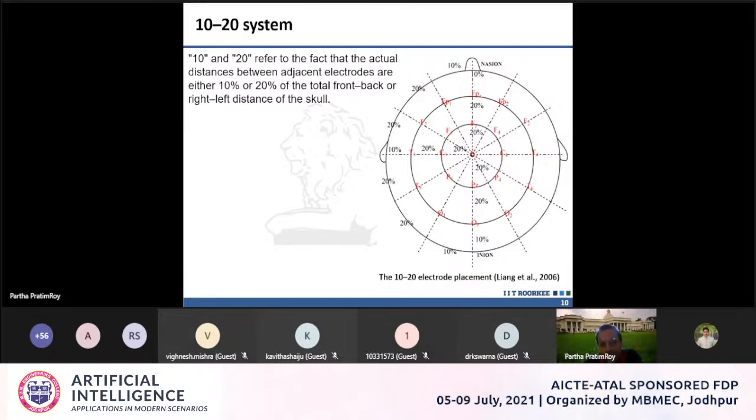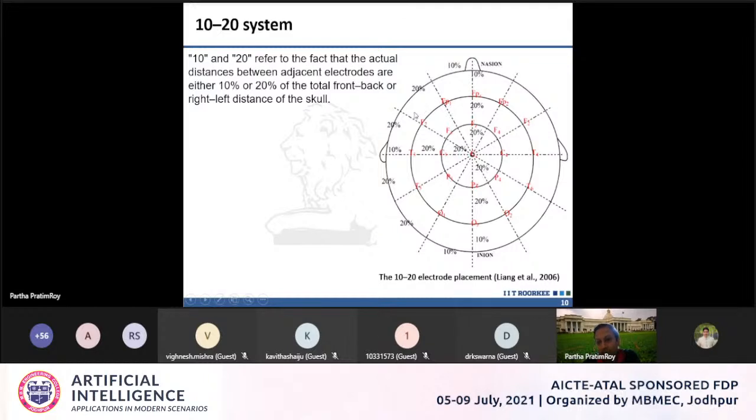Another standard for placing those electrodes is that the distance from one electrode to another should follow the 10-20 system. The 10-20 system means, for example, from this one auricle to another auricle, the first electrodes will be at a difference of 10%, and after that it will be 20-20.